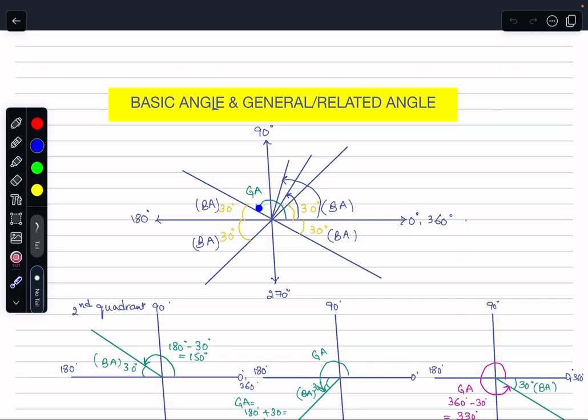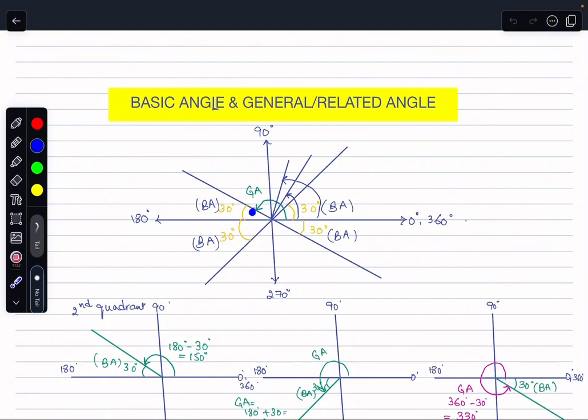Starting from 0, the complete rotation is the general angle, and the angle with the x-axis is called the basic angle. In the same manner, I can have the basic angle in the third quadrant, again taking an example of 30 degrees, and the general angle here will be starting from 0 up till the line of rotation.